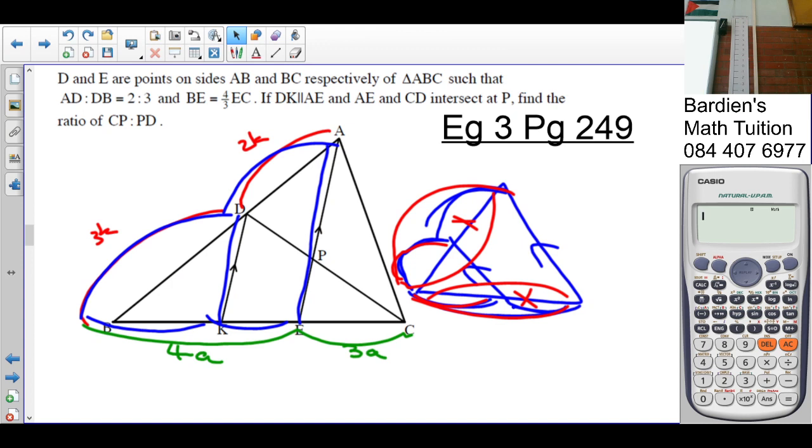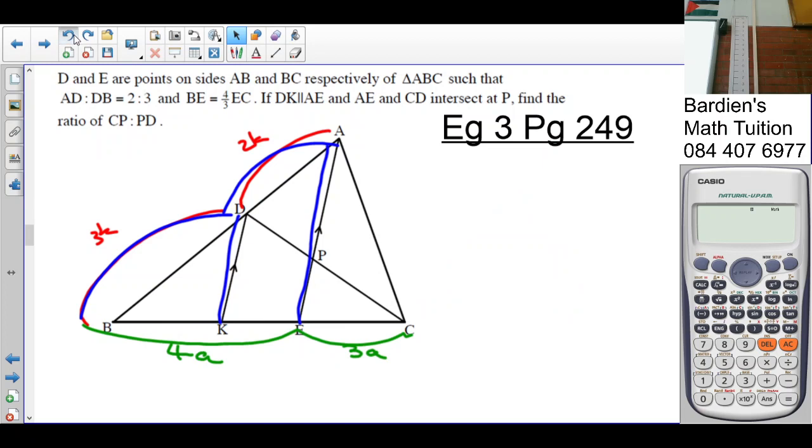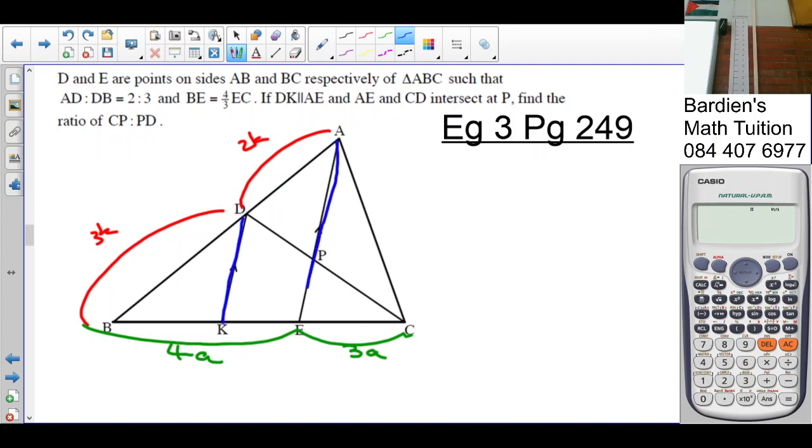Let's take this one back again. So we said that these lines are parallel. And AE and CD intersect at P. So it intersects at P. Also, I try not to overpopulate the diagram.